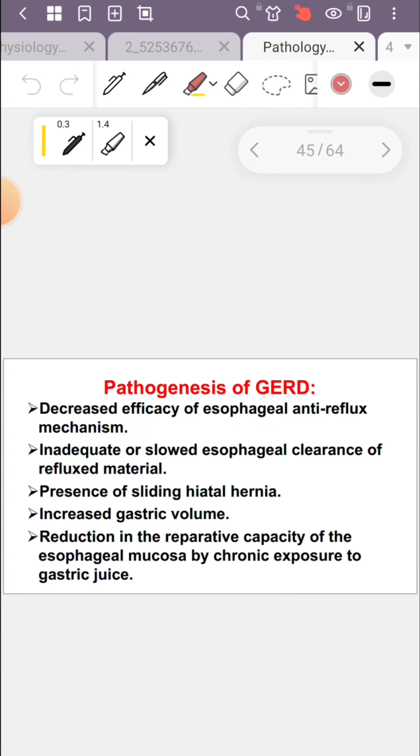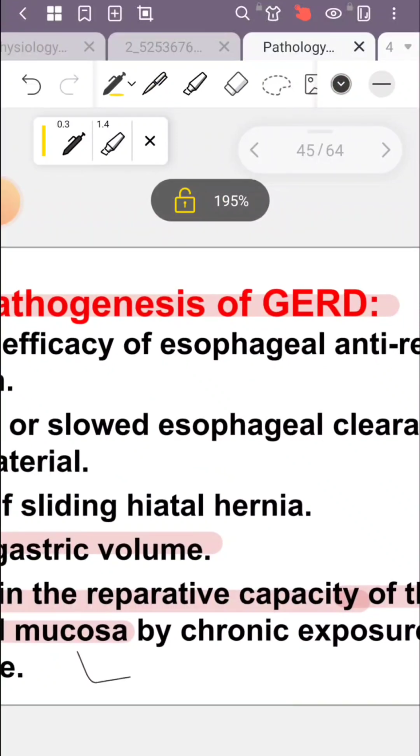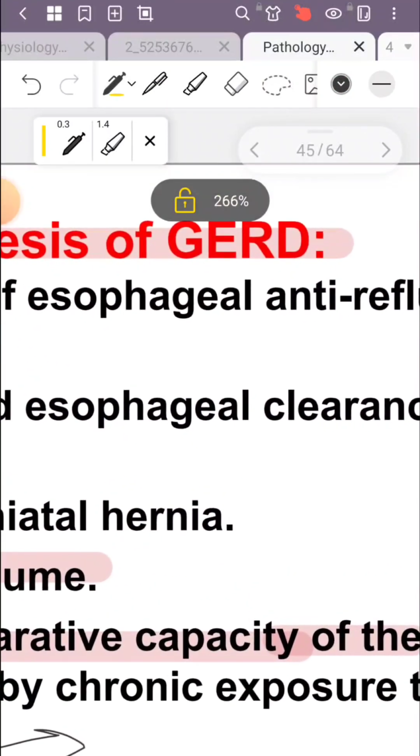with resultant inflammation and irritation. Pathogenesis of GERD, you must know this: decreased efficacy of lower esophageal anti-reflux mechanism, inadequate or slowed esophageal clearance of reflux material, presence of sliding hiatal hernia, increased gastric volume, obesity, pregnancy, gastric overdistension, reduction in the reparative capacity of the esophageal mucosa by chronic exposure to gastric juice, especially if it is associated with smoking.